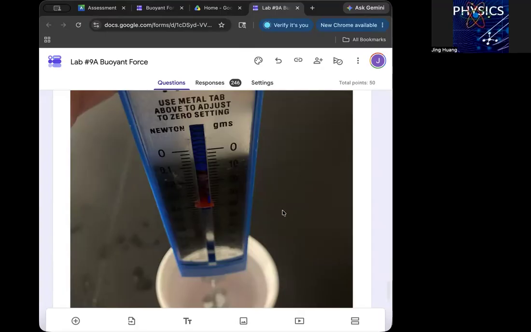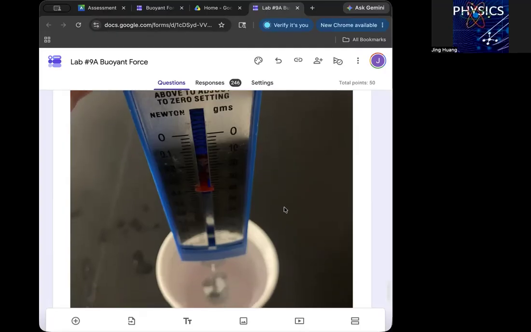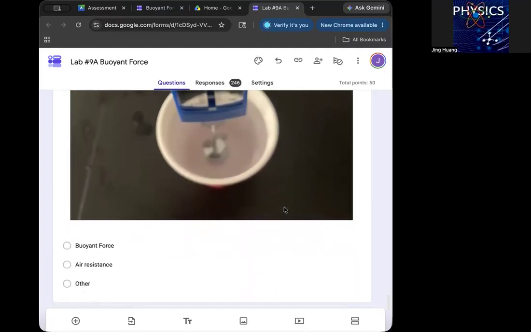That's about equipment safety. In the meanwhile, be careful about personal safety. Because we use water, make sure water does not spill on electronics or any other important things that are not supposed to get wet. And so this is the experiment for buoyant force.